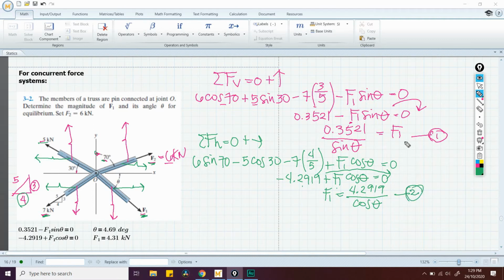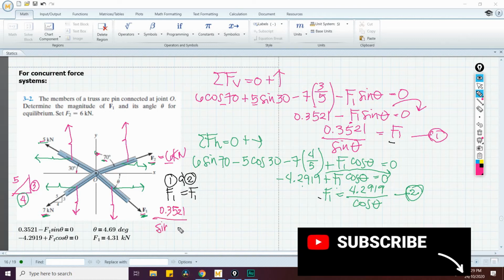At kung mapapansin natin, F1 and then F1. So, pwede nating sabihin na 1 and 2. So, our equation 1 is F1. That is equal kay equation 2 F1 also. Okay, so pag sinubstitute na natin yan, F1 equation 1, we have 0.3521 over sine theta.